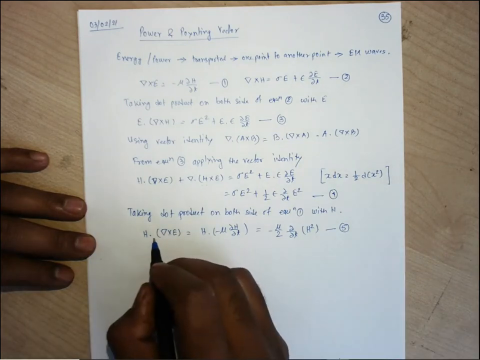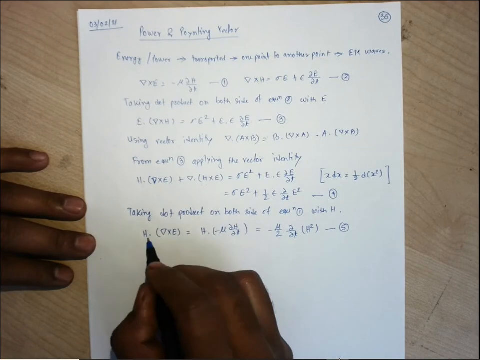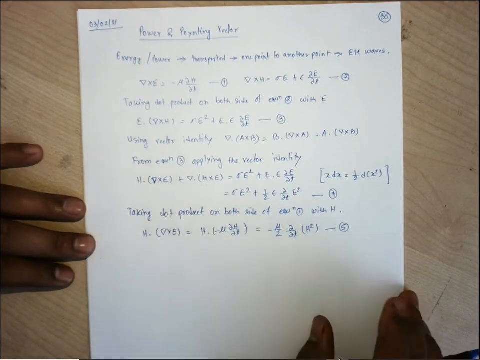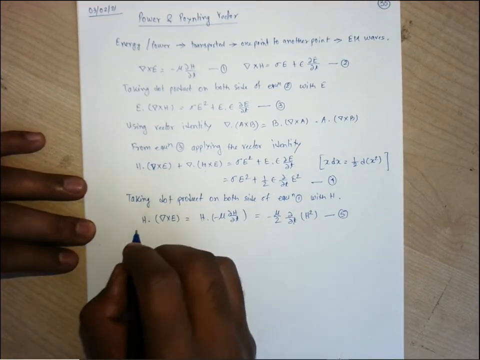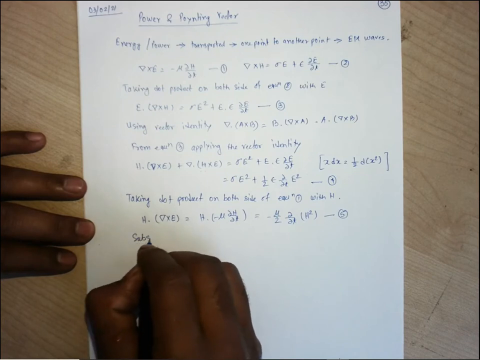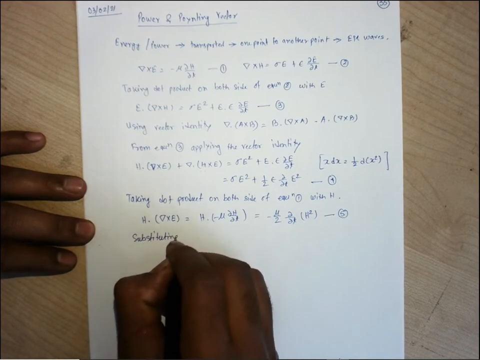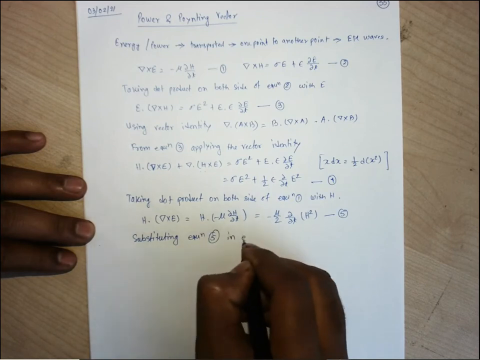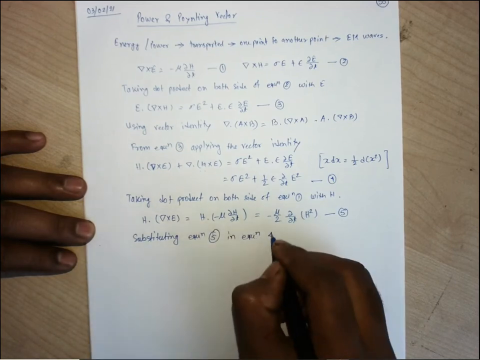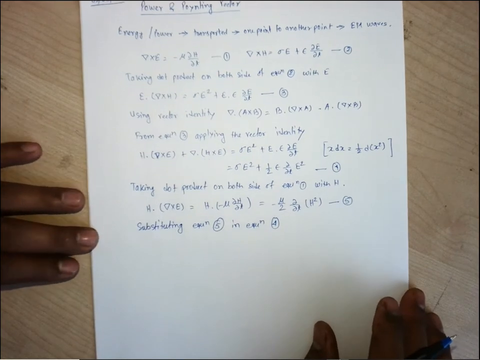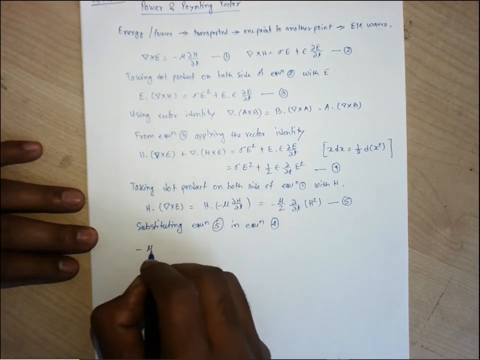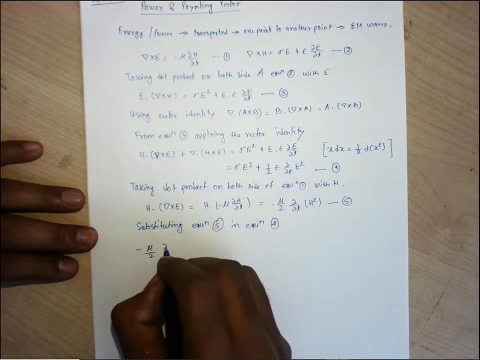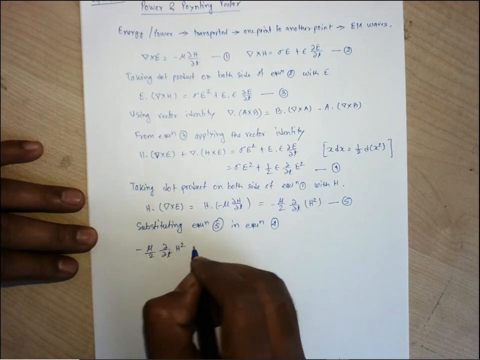So we put this value in equation number 4, substituting equation 5 in equation 4. That is minus mu by 2 del t of H square.